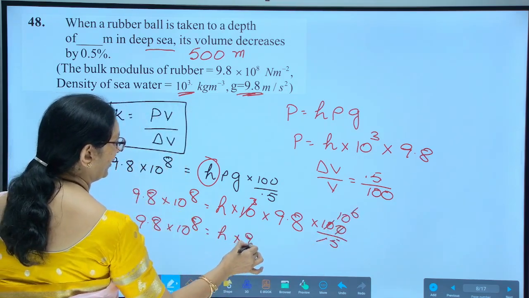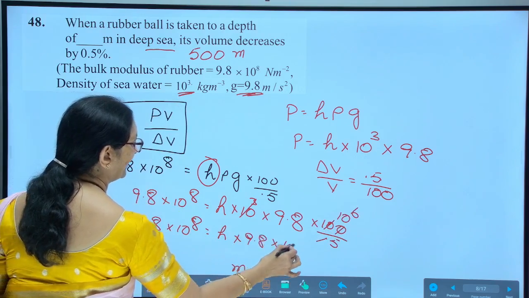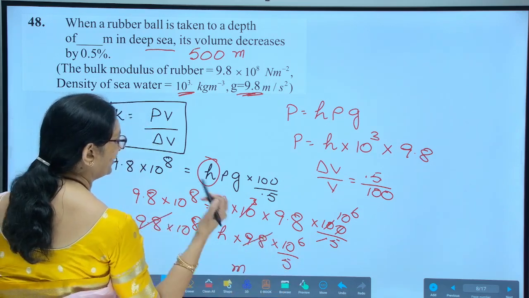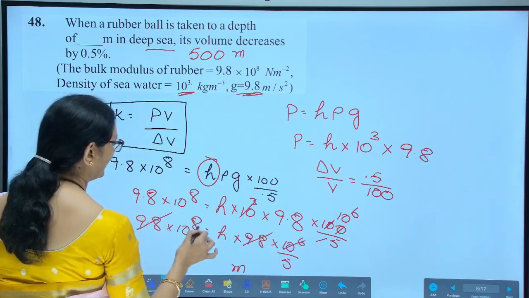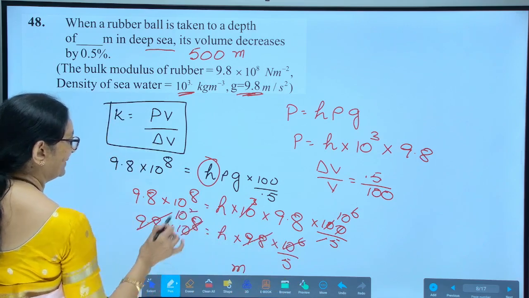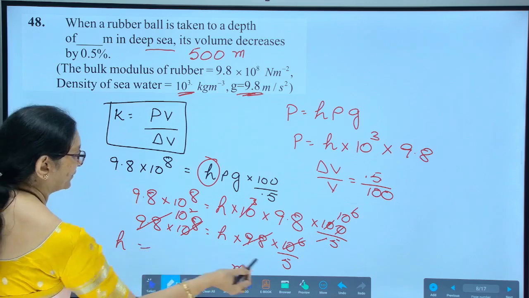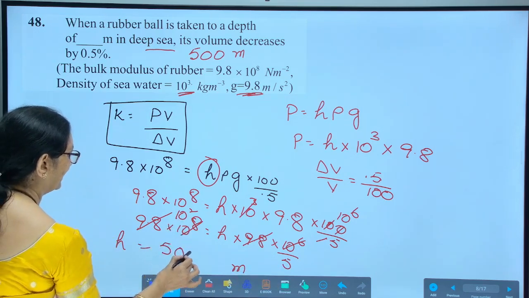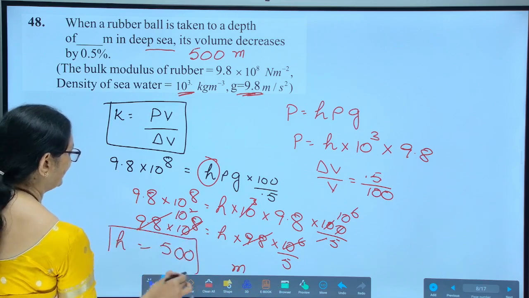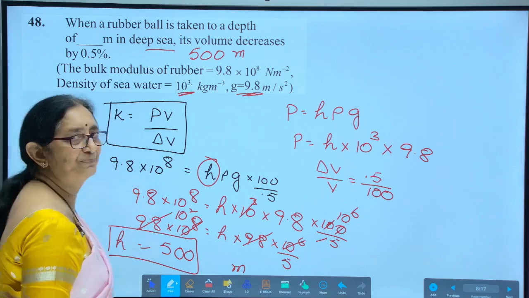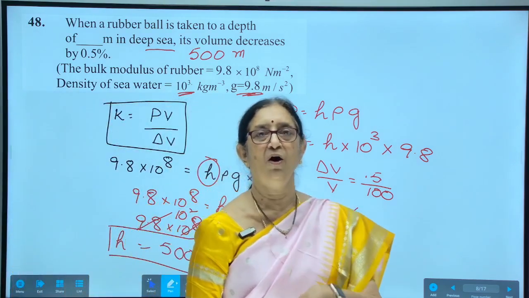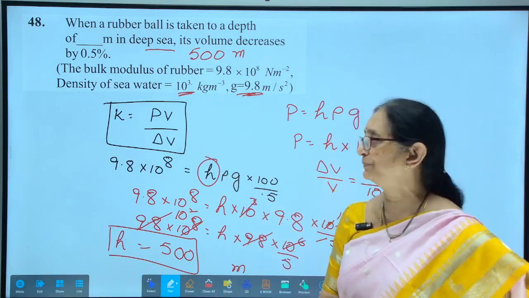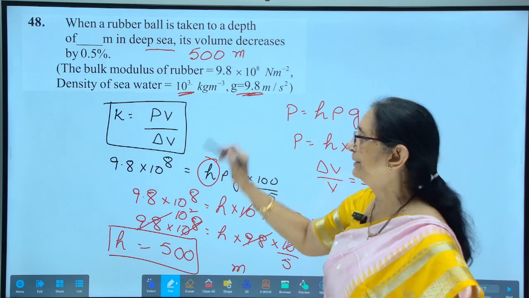So 9.8 into 10 to the power of 6 by 5. 9.8, 9.8 gets cancelled. So H is equal to, this 5 comes to this side, 5 into 10 square, that is 500 meters. So the depth to which the object is taken so that the volume changes by 0.5% is 500 meters.